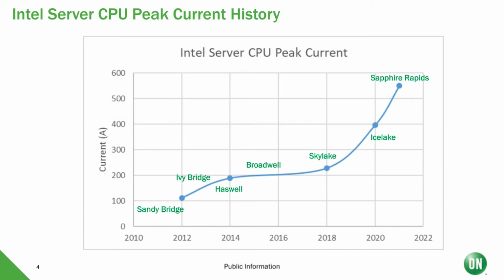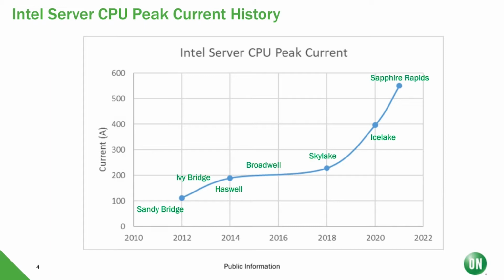In 2010 to 2012, for the Sandy Bridge and Ivy Bridge CPU, we're just at a little over 100 amps as the peak current for the CPU. That increased to roughly 200 amps for Haswell and Broadwell, and it just took off, starting in the Skylake CPU generation. So Skylake is about 228.